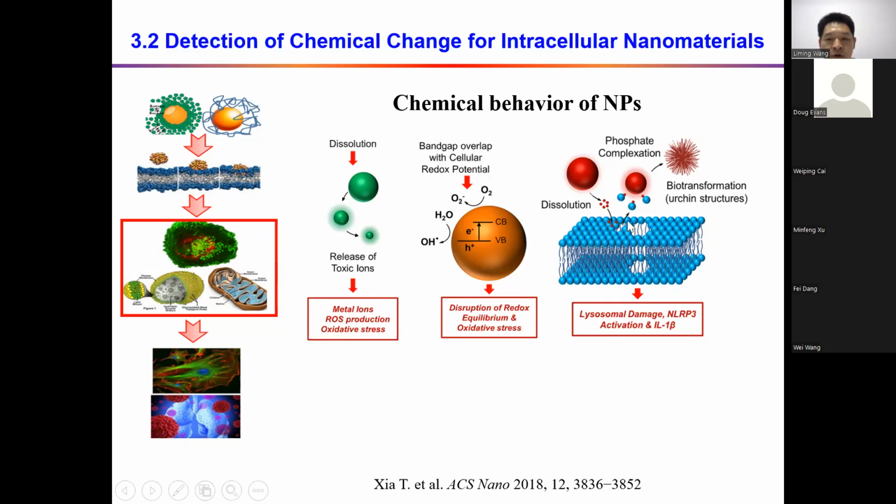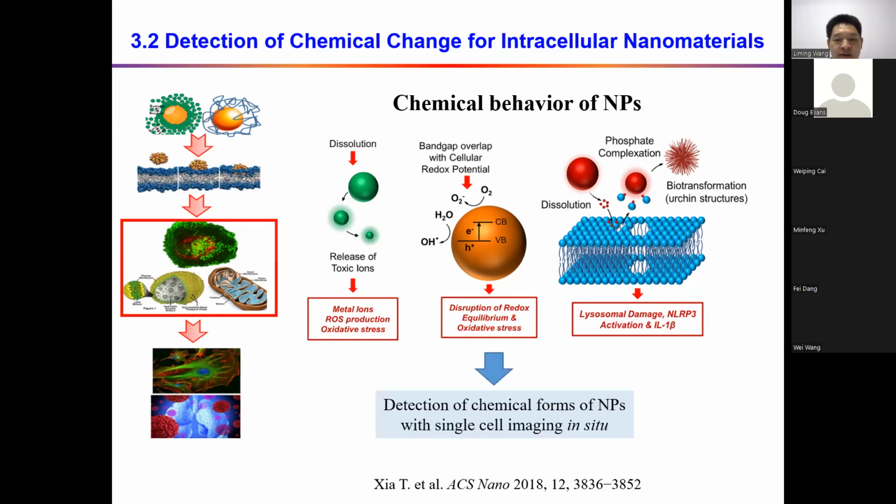There is some chemical coordination with some molecules, such as lipids. Also, maybe they are oxidized into some oxidation forms, and then they may be dissolved in the acidic environment into ions. So to understand what happened to the materials inside the cells, we can use X-ray absorption spectroscopy and X-ray imaging to detect the reactions in vivo.